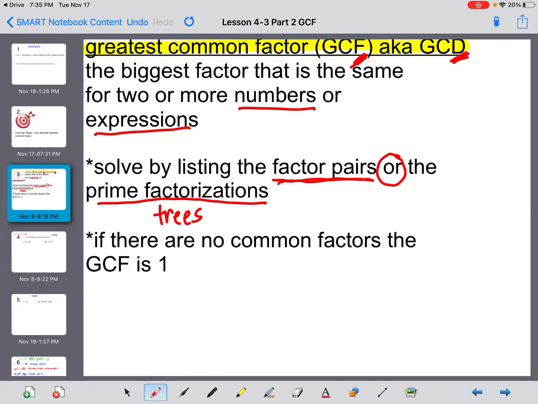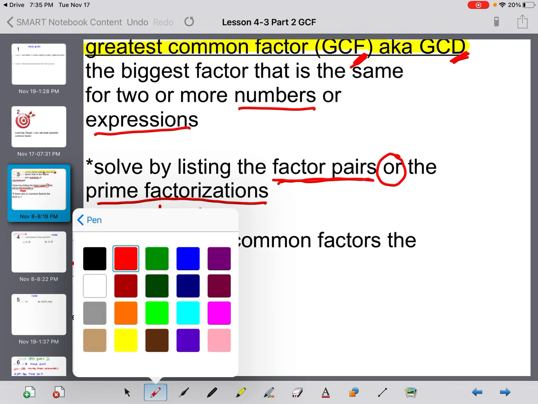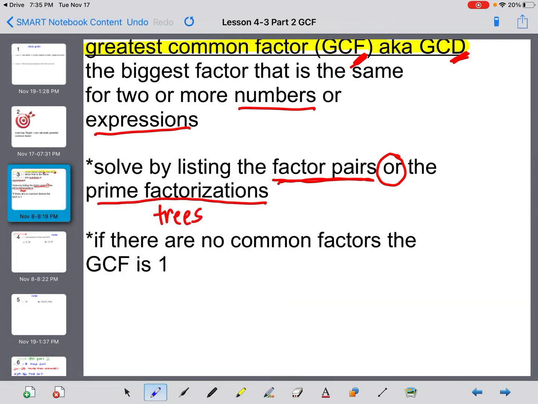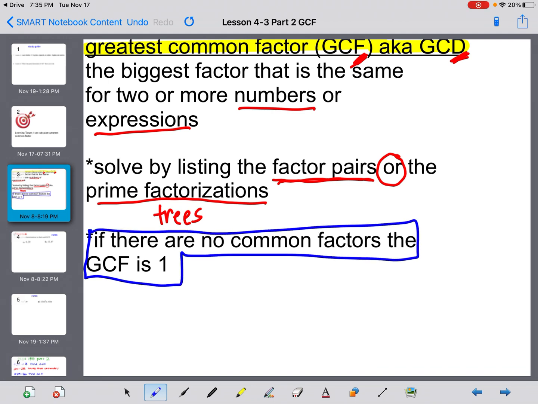Do you need to pause right now? Also, you should still be writing. This is a big one. Just when you think you don't have any common factors, then you know the greatest common factor is 1.